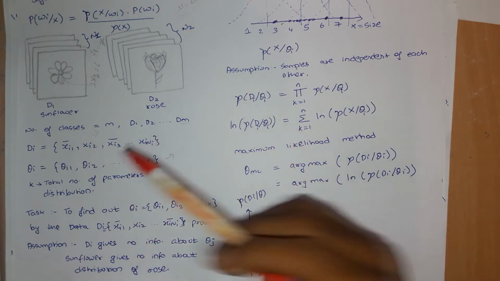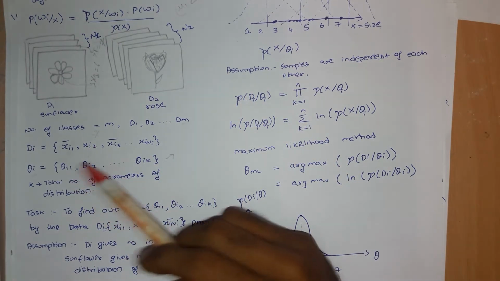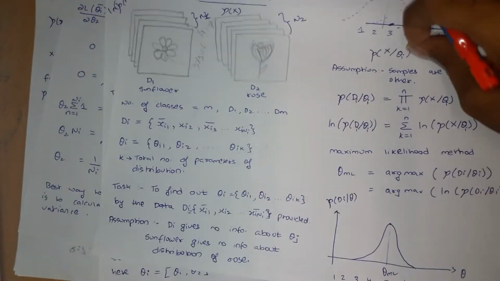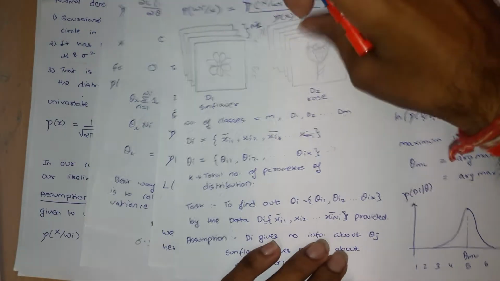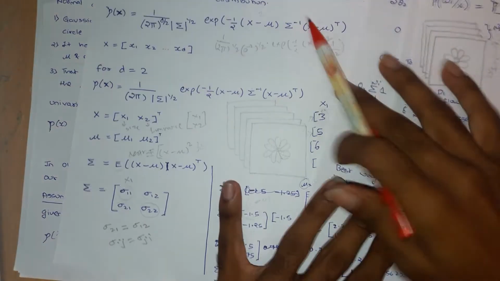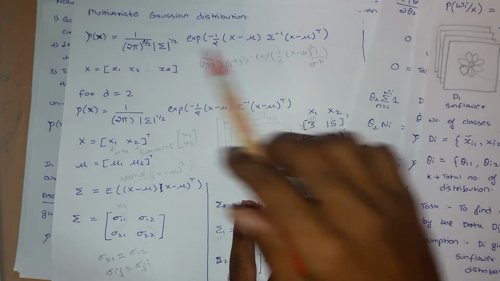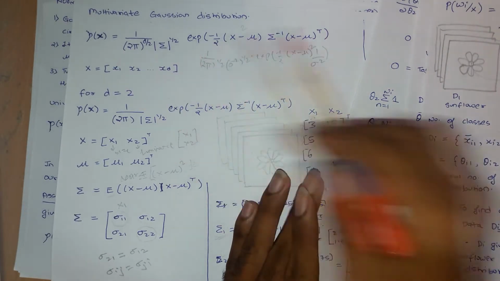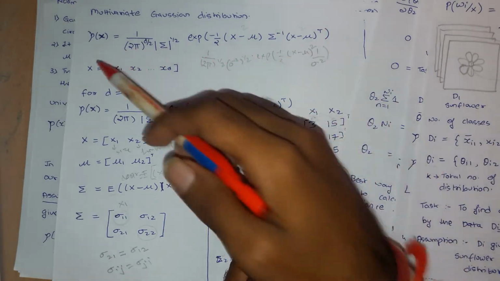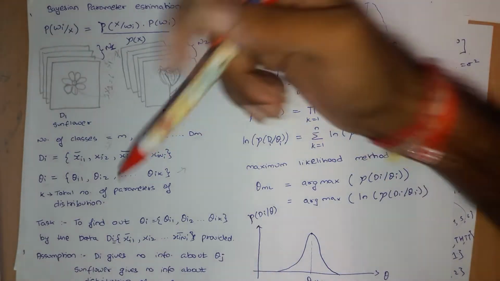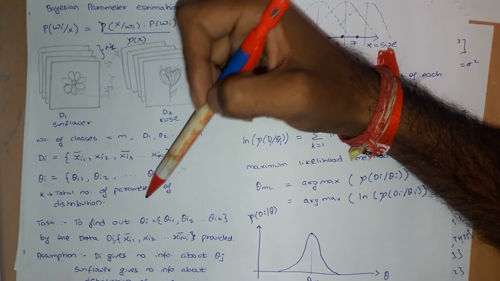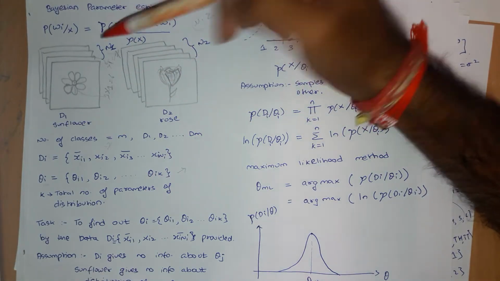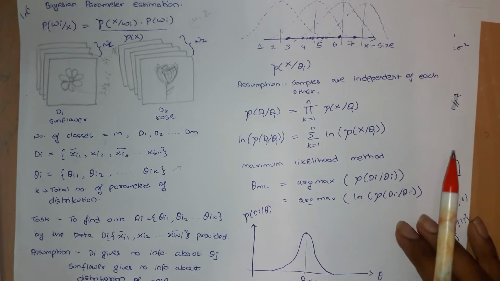Why do we have to estimate the parameters? Because if we know the parameters, we know the distribution. We saw that this is the formula of the distribution, say in this case Gaussian. If we know mu and sigma, we know the distribution, because all other things are known to us. That is why it is important to estimate the parameters of the distribution.